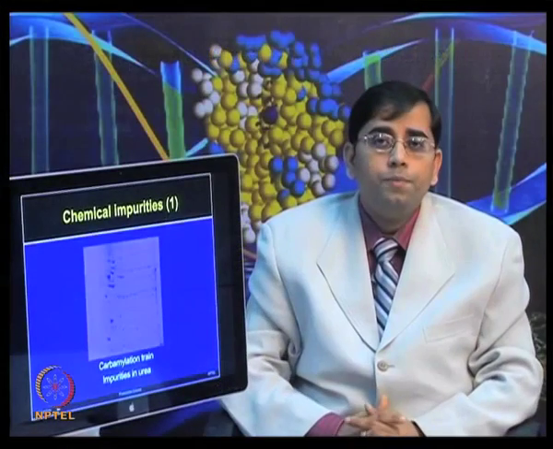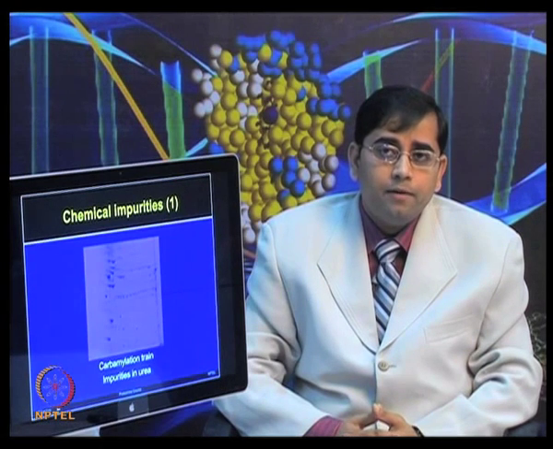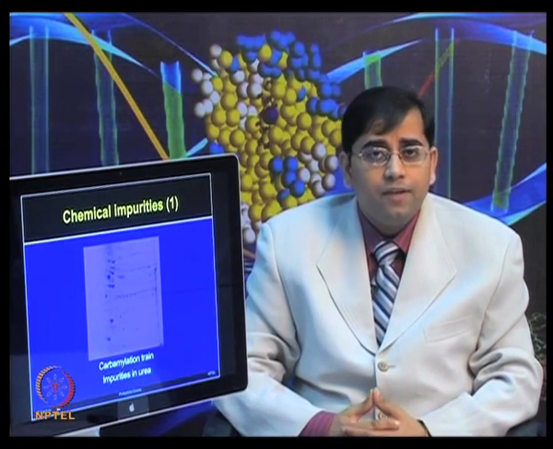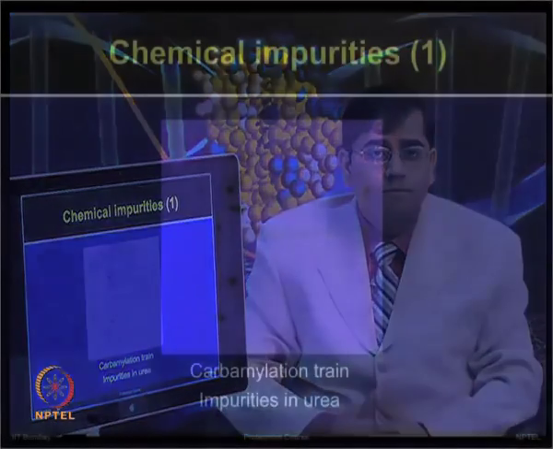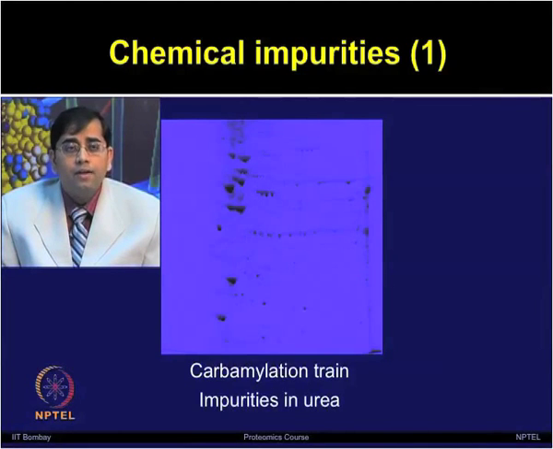Now, sample variation is one problem. Often the chemical impurities or chemical ingredients can also give rise to different types of bad gels, such as the chemical impurities shown in this gel, where the urea is very impure and one can see the carbamylation trail.